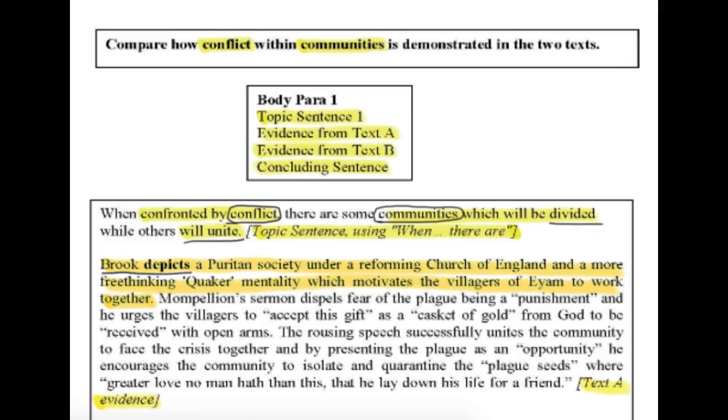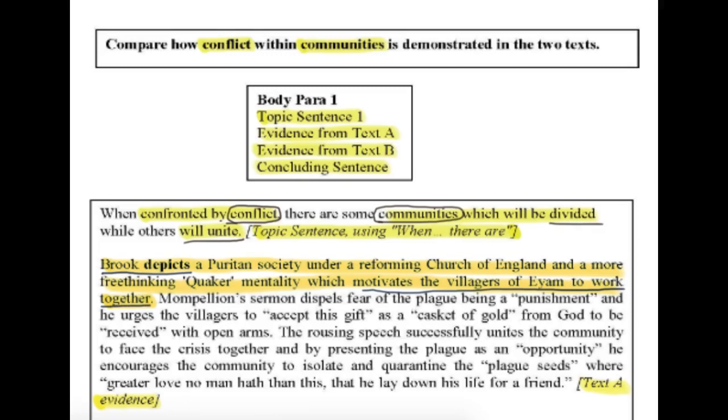Now this first part of the evidence that you're giving is really a summary of the author's intention in context of the topic sentence and the prompt. So here what we're saying is the author is illustrating or demonstrating how the characters in the story will come to work together.